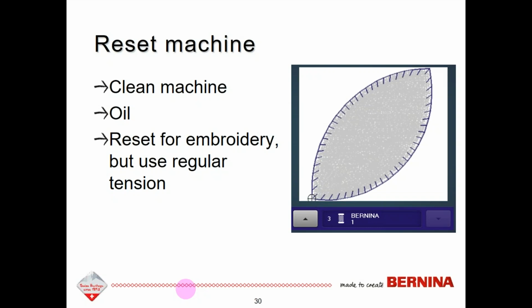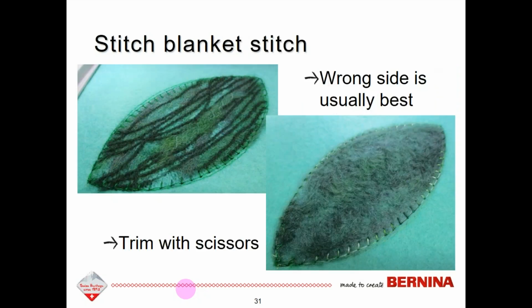I used regular tension when I did this, and you'll see why in a minute. I want to not use embroidery tension because I want to balance tension so that the wrong side of the leaf blanket stitch looks just as nice as the top side. Normally when we needle punch, it's uglier on the top side.